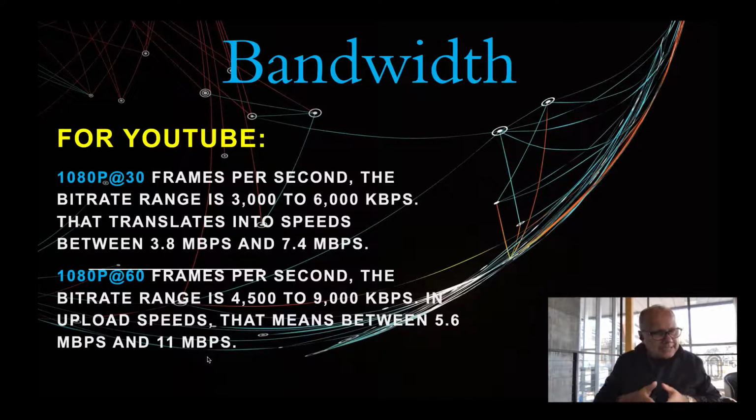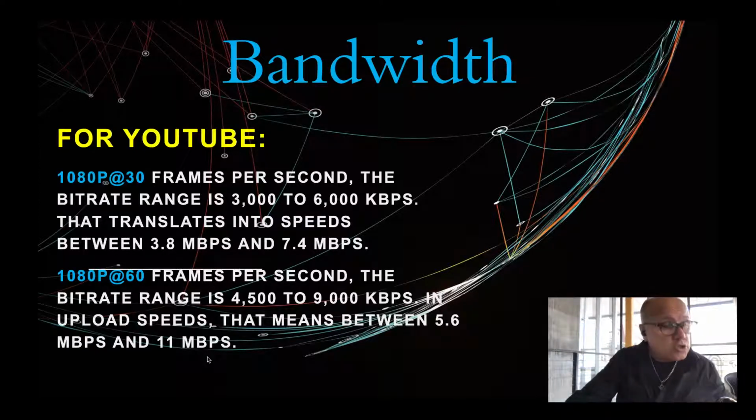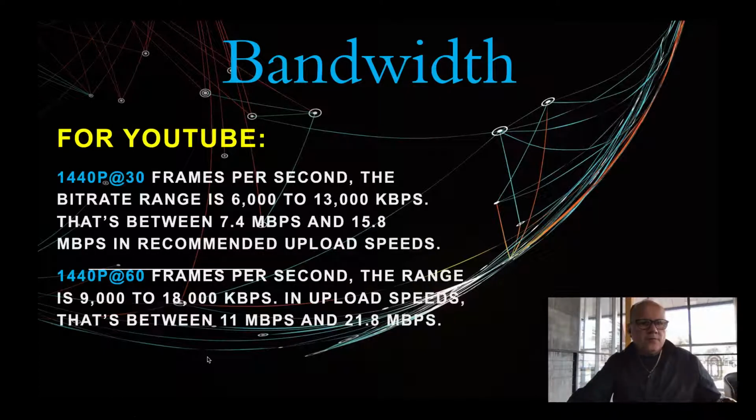If you look at Twitch, the numbers are a lot less, and because they are a lot less, your signals look much better. Now we're going to look at 2K. 1440, by the way, guys, is 2K. 1440 at 30 frames per second.